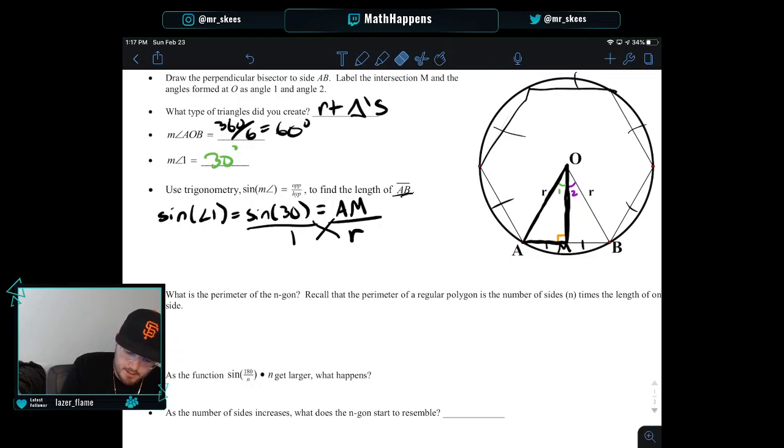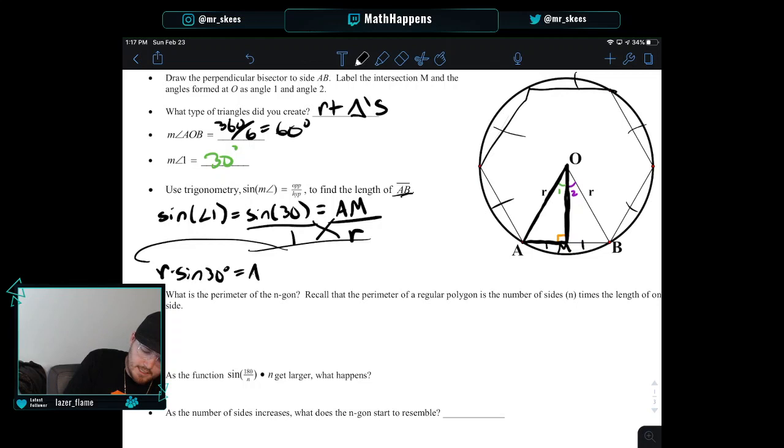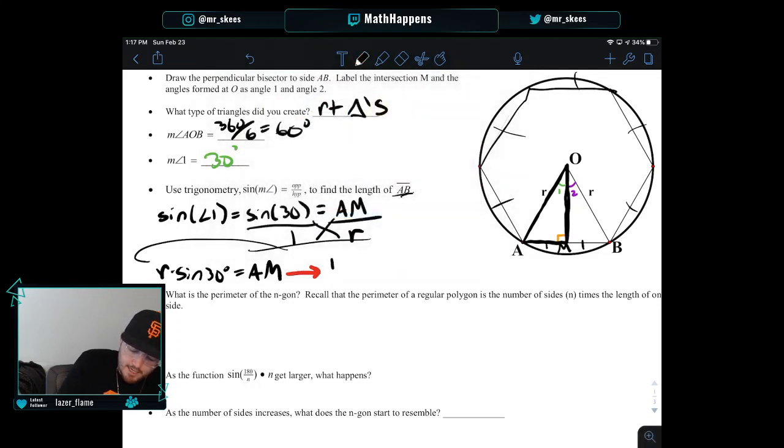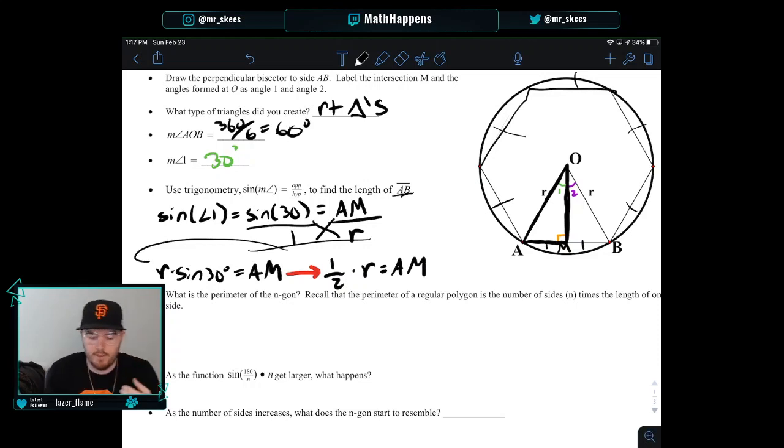Let me take this and write it over here. So we had R times sine of 30 degrees equals AM because I cross multiplied. And now let's do a little arrow. Well, that's the same thing as 1/2 times R. So AM is 1/2 times R.